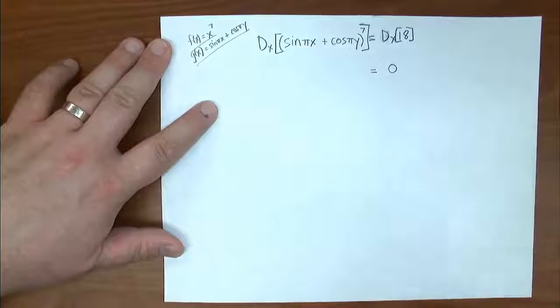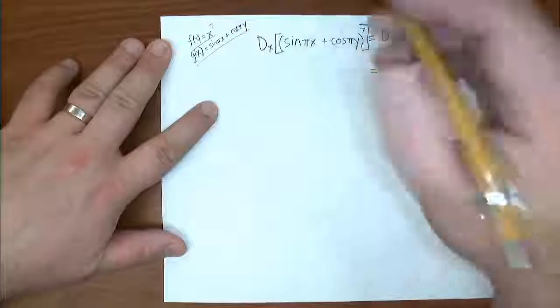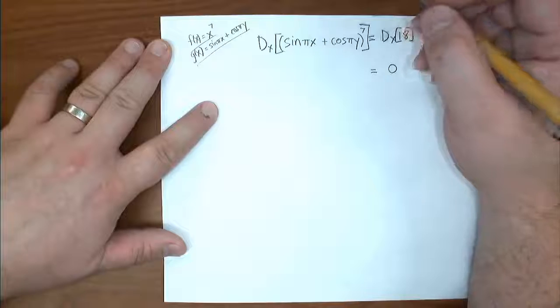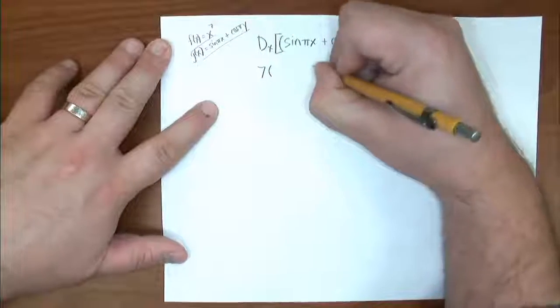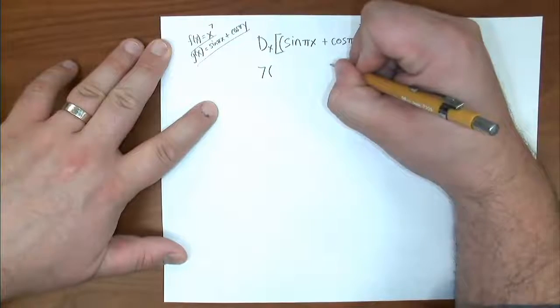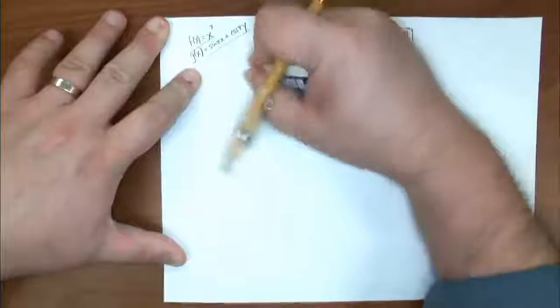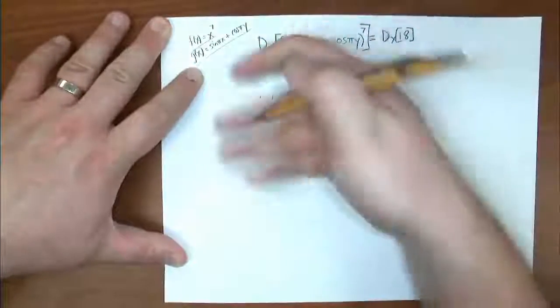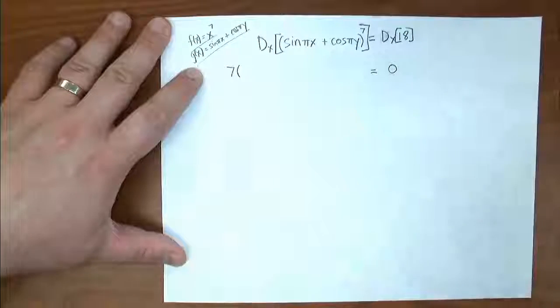The chain rule says take the derivative of the outside function. f is the outside function. So what's the derivative of x to the 7th? It's 7x to the 6th. But we're going to evaluate... Oh, I need a lot more room. Let me reassess how much room I need here. Let's say 7 times x to the 6th.